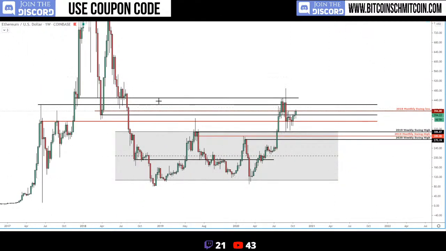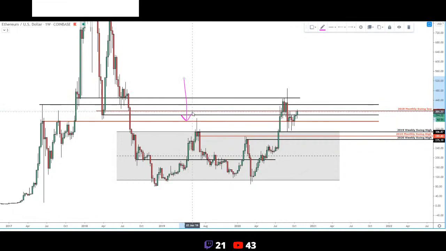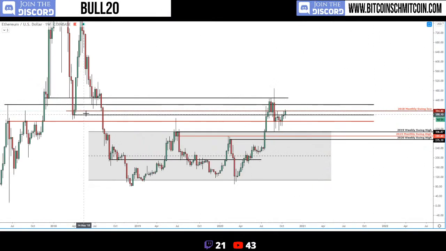So I was talking about this level for a while. This, in my opinion, is the most bullish situation we could ask for on Ether. We see a very clean rejection off of this level here. It's outlined here.